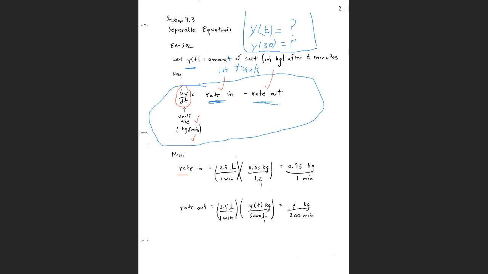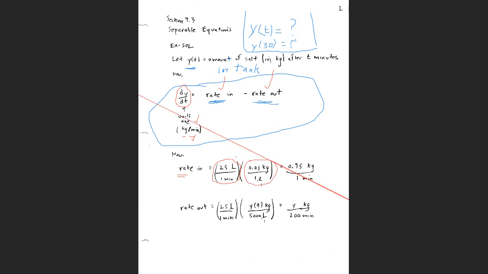The briny solution is entering the tank at, that's right, Tina, 25 liters per minute. But that's not the rate I want, because my units have to be in kilograms per minute. I'm trying to find the rate at which the salt is entering the tank. So I'm going to take 25 liters per minute and multiply it by the concentration of the briny solution, which is 0.03 kilograms of salt per liter.